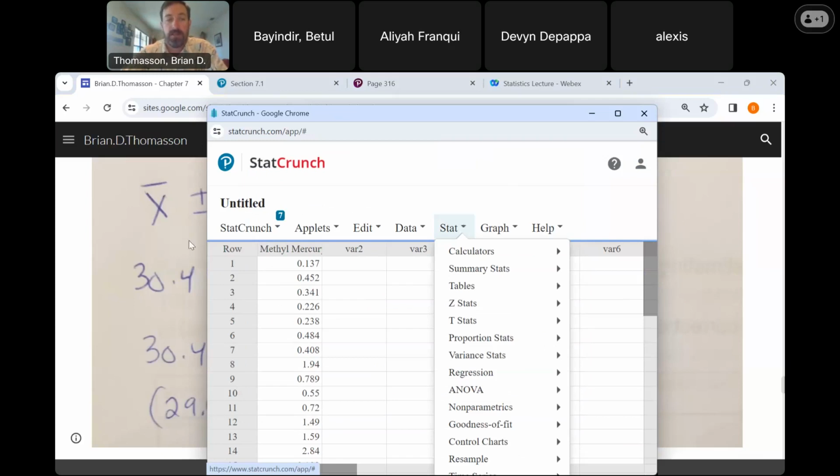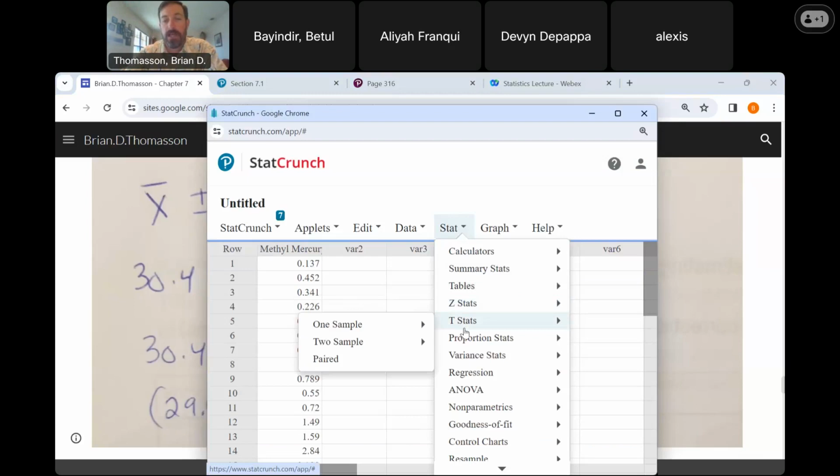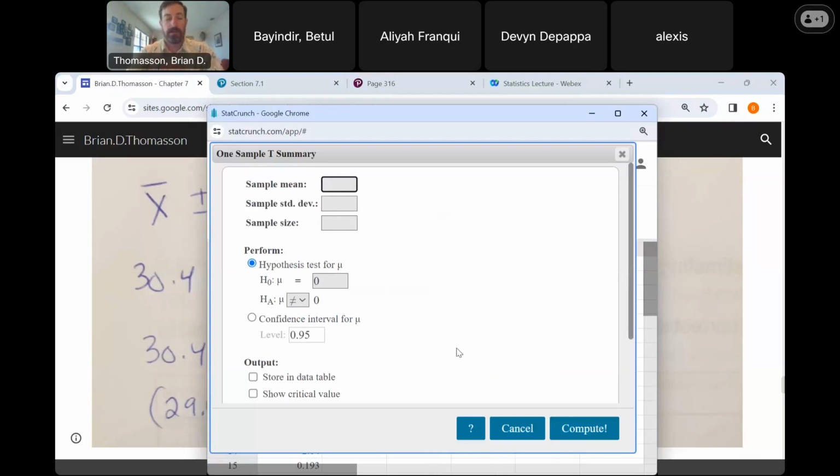You'll notice that we have our t alpha over 2 value there. So if we're using a t distribution, we have to go under T Stats, and One Sample, in this case, with Summary. And so we can enter that sample mean, which is 30.4, our standard deviation of 7.1, and sample size of 205.